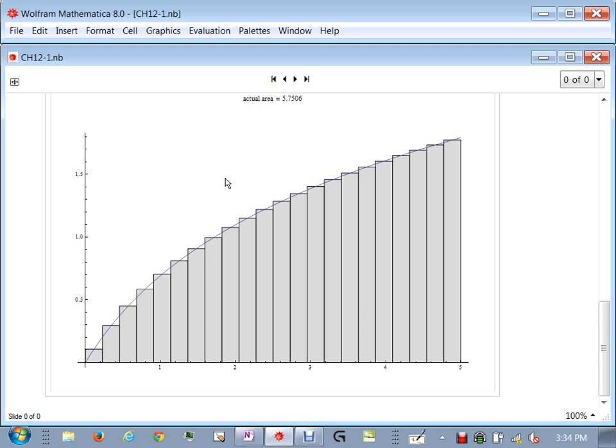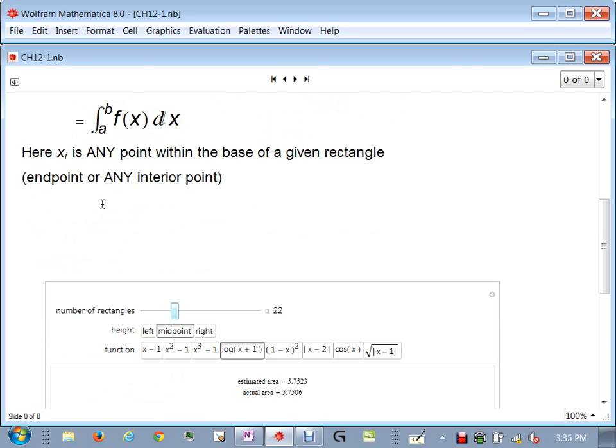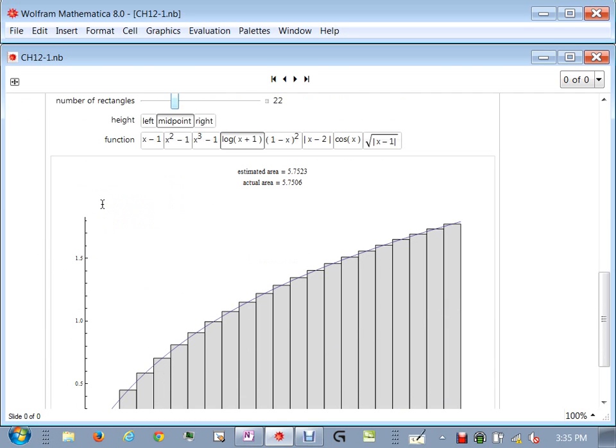So f of x delta x just represented the area of a rectangle. So we take that area right here, and we add an infinite number of them up, and it turns into the integral. So the summation sign, the Greek capital S, sigma, when you let the number of rectangles go to infinity, turns into this elongated, stretched out S, which we call the integral sign. Okay? That was the idea of Riemann sums. Add things up forever.